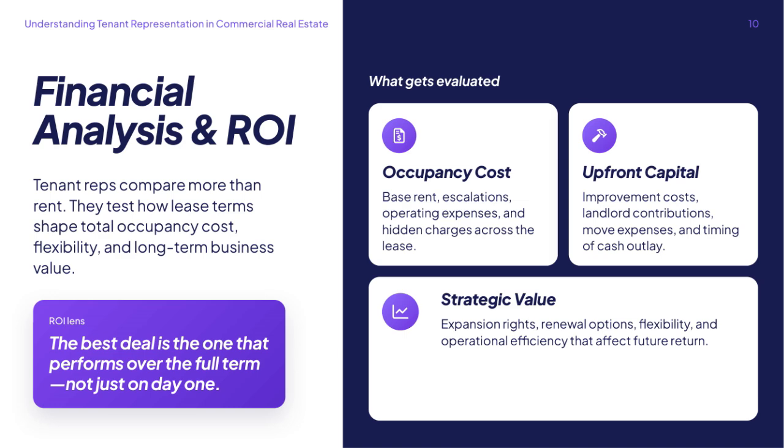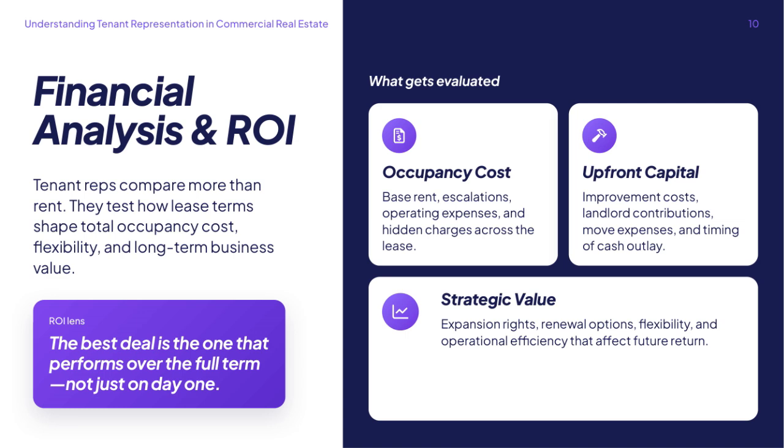First, occupancy cost. This includes the base rent, any rent escalations, operating expenses, and any hidden charges that might come up during the lease. Next, upfront capital. Things like improvement costs, contributions from the landlord, moving expenses, and when these costs need to be paid, all of which affect cash flow. Lastly, strategic value plays a huge role.